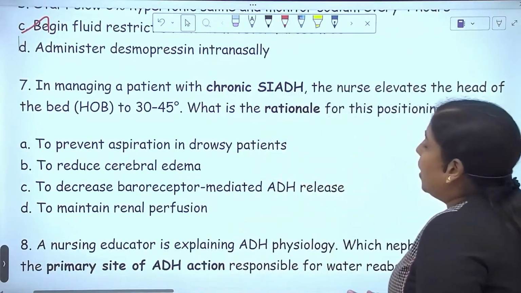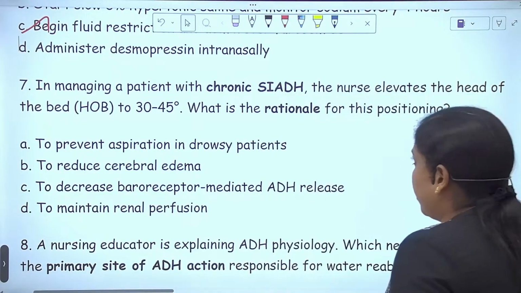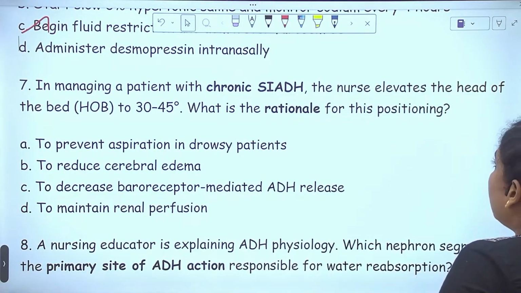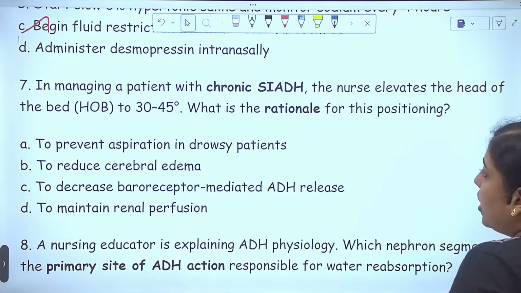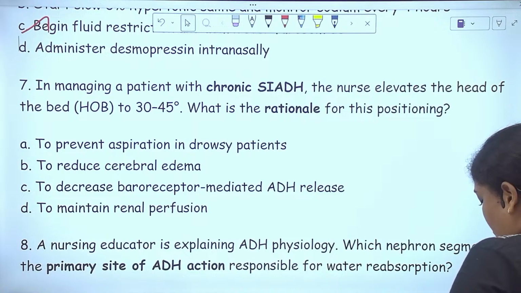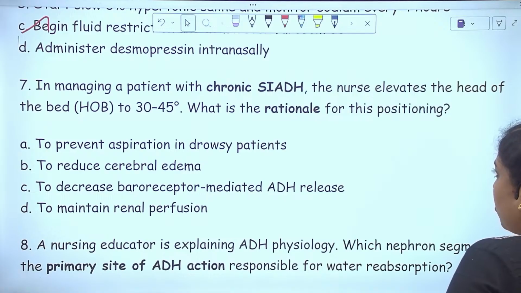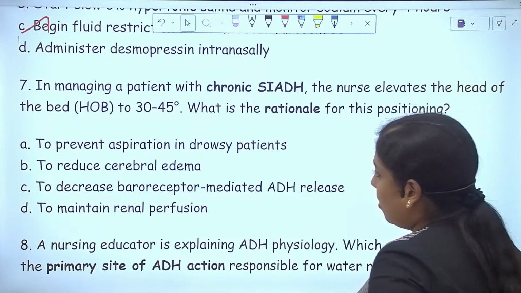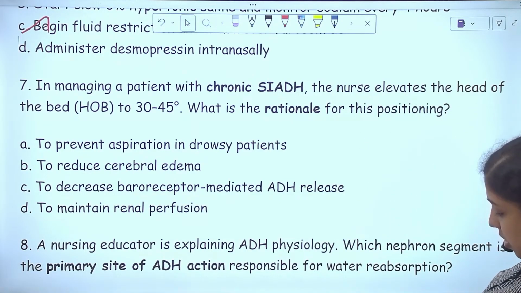In managing a patient with chronic SIADH, the nurse elevates the head of the bed to 30 to 45 degrees. What is the rationale for this position? Why do we have to elevate, as we were discussing?